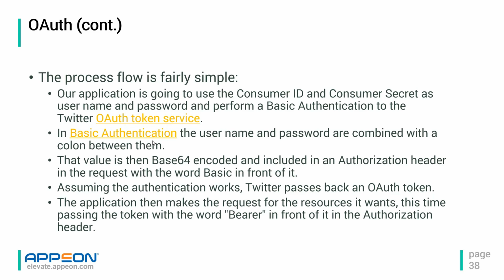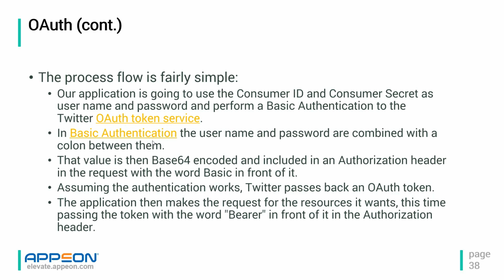You then base64 encode that, and you add it to a request header with the word basic in front of it. So the request header would say basic, space, and then this base64 encoded string, which is your user ID and password.